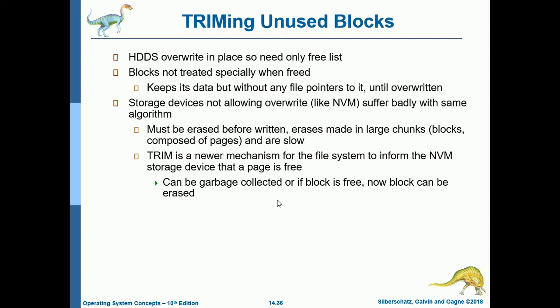As you can remember, for NVM or non-volatile memory, you cannot overwrite a block unless you erase the contents. But for hard disk drives, they're only deleting the file pointers and then listing that block as free, and then hard drives can overwrite the files. They're only buried under.